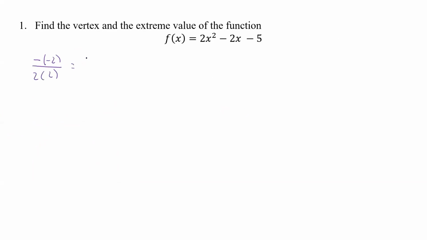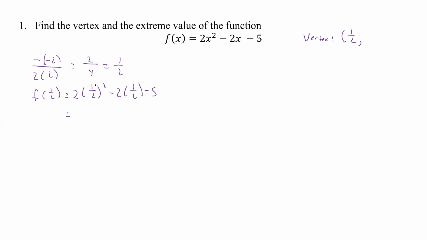So it's 2 over 4, which is 1/2. And so for the vertex, we're going to have 1/2 comma, and now we have to plug in f of 1/2. So it's going to be 2 times 1/2 squared minus 2 times 1/2 minus 5.